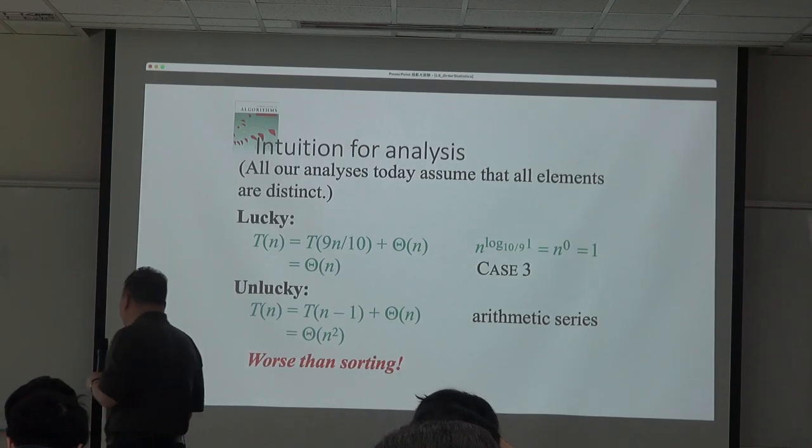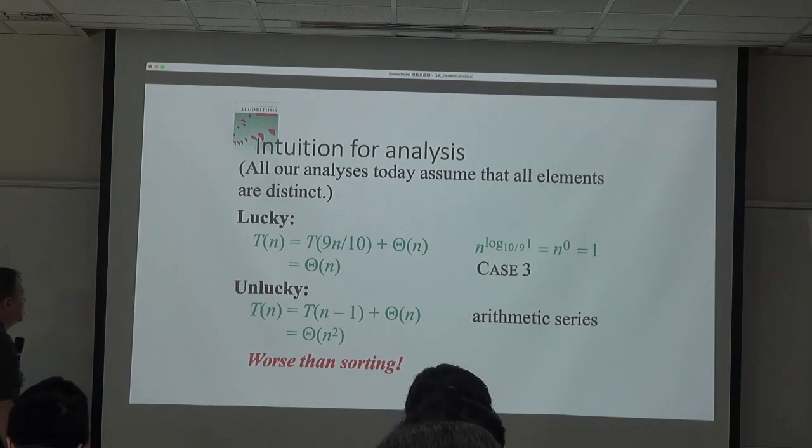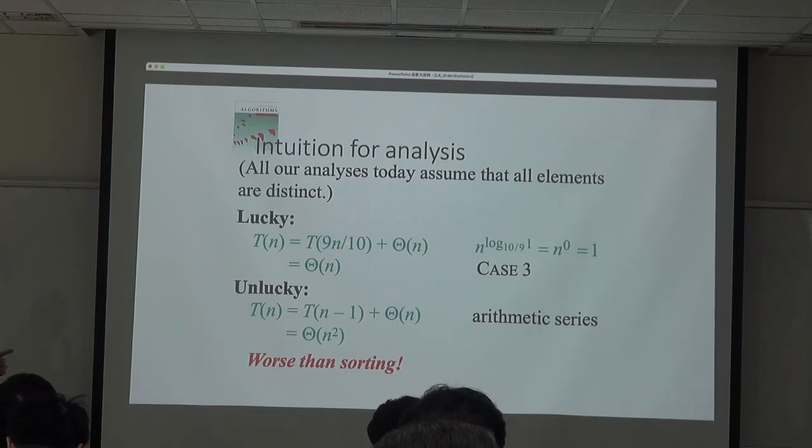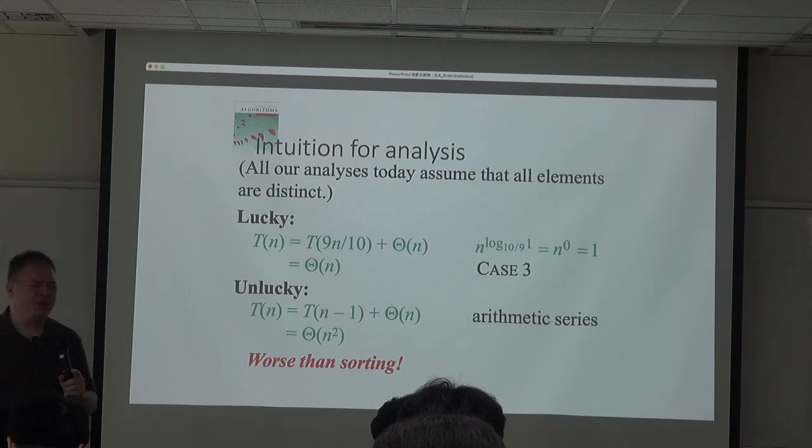But how about the complexity? If we are lucky, say every time we are able to partition the numbers into a ratio of 1 to 9. This random partition, well, we probably should already call it unlucky.